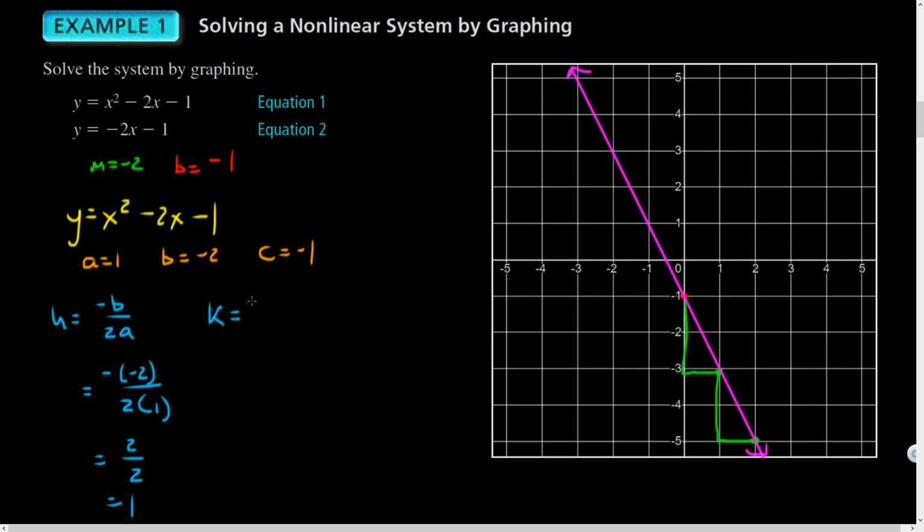Let's find k, which I could find by plugging in 1 for the x's. So I'm going to get x squared minus 2x minus 1, plugging in 1 for the x's. And let's figure out what k equals. 1 minus 2 minus 1 equals -1 minus 1 is -2.